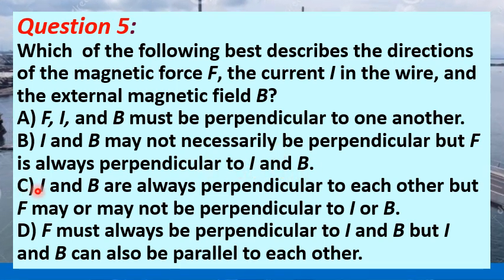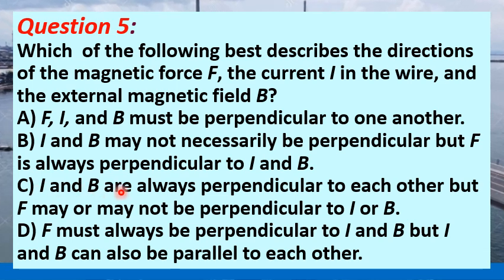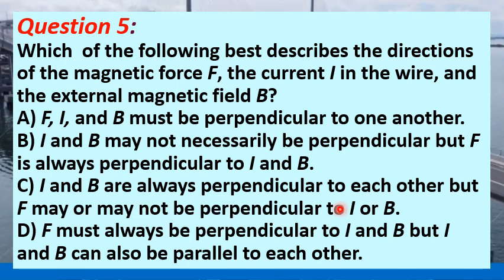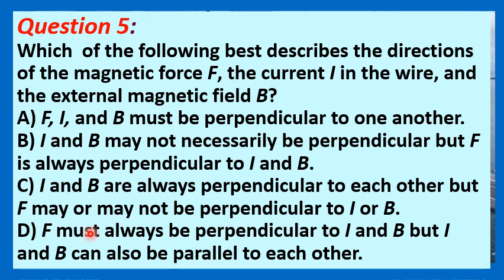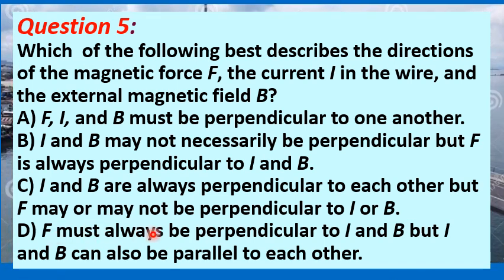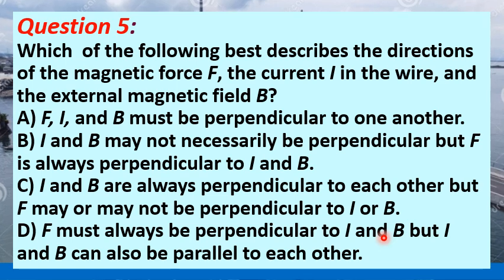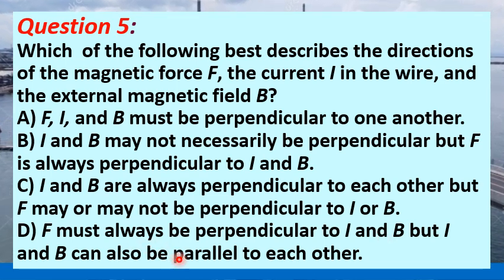Option letter C, I and B are always perpendicular to each other, but F may or may not be perpendicular to I or B. And option letter D, F must always be perpendicular to I and B, but I and B can also be parallel to each other.